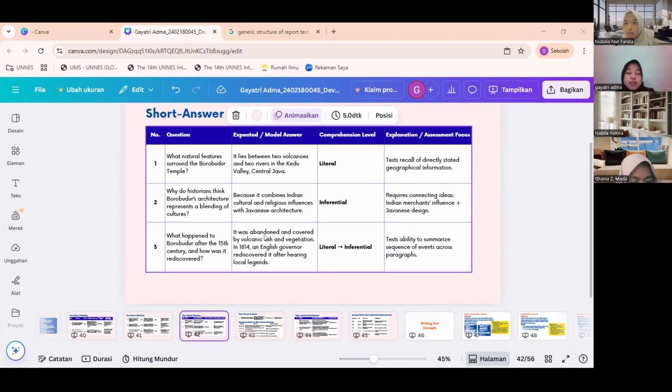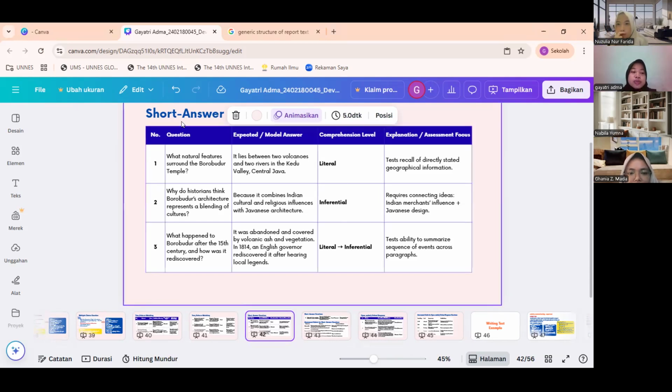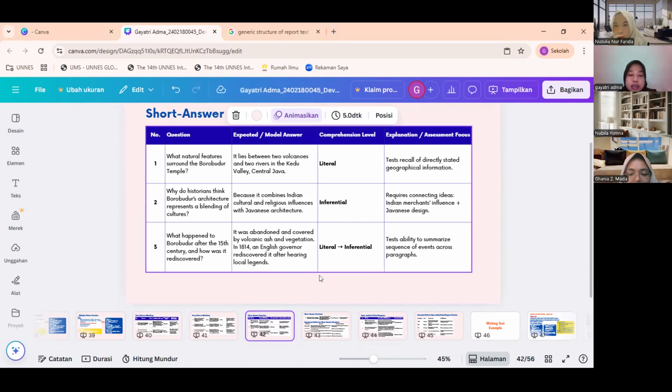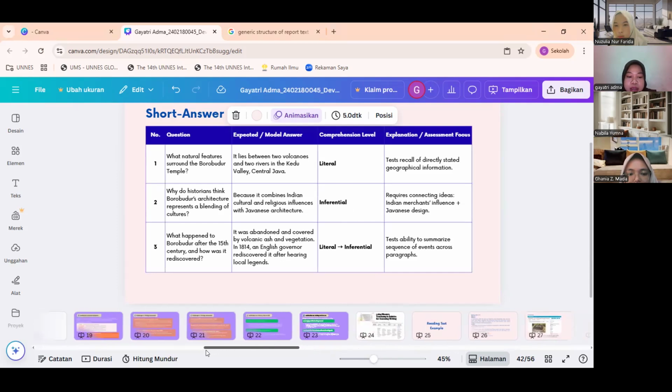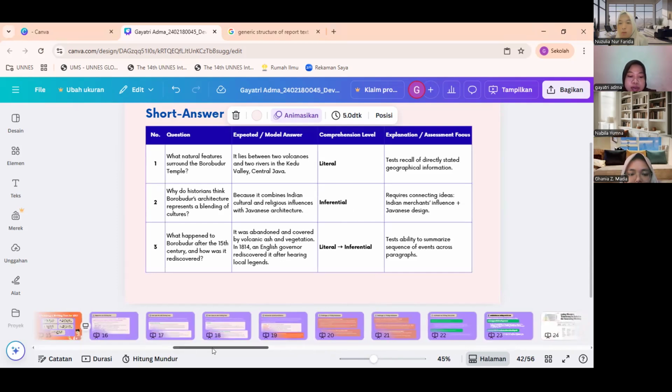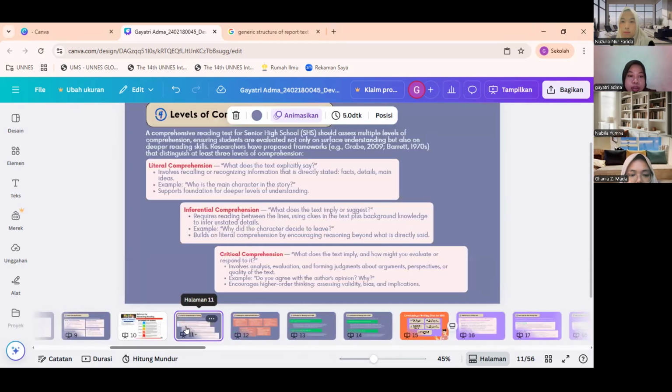Okay, thank you very much for your question, Mbak Gania. To find out the weighting, I think we have to know the level of comprehension that we want to assess. As I mentioned in the previous meeting, there are at least 3 levels of comprehension: literal comprehension, inferential comprehension, and critical comprehension.